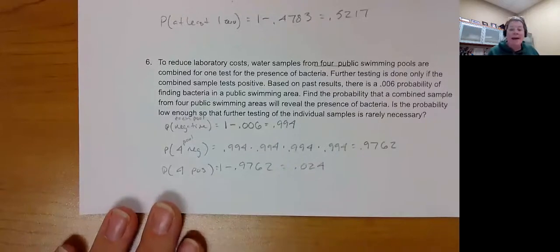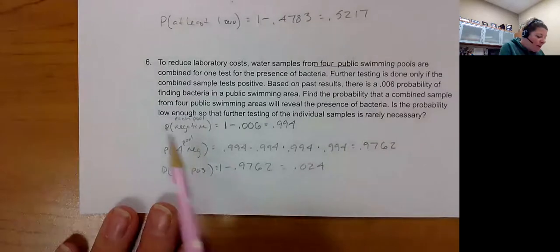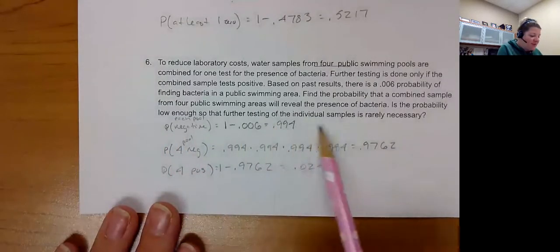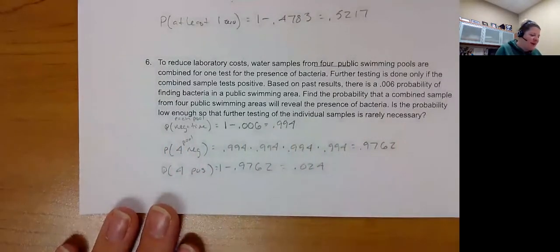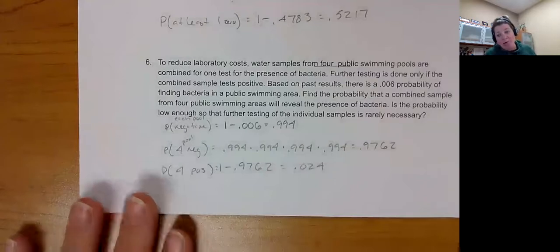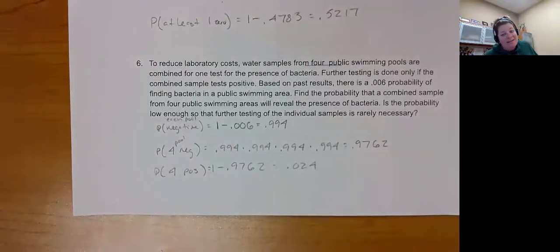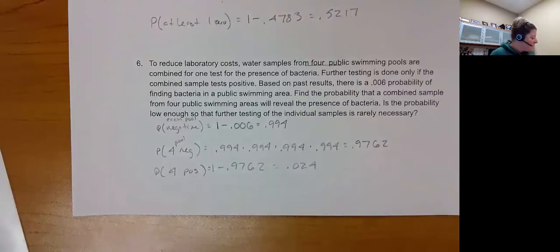Pretty low, 2%. And then it's basically asking, is the probability low enough so further testing of individual samples is rare enough? I would say it's pretty rare that you're going to get a positive result, but if you do, you have to do more testing. So the way that they worded it in the homework says low probability, but further testing on each pool might be necessary.